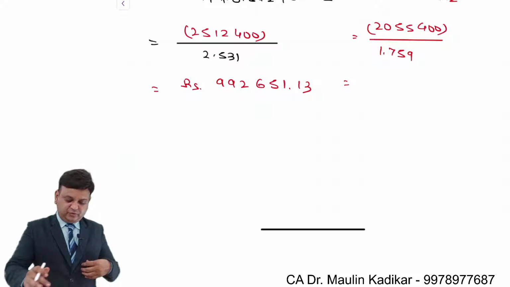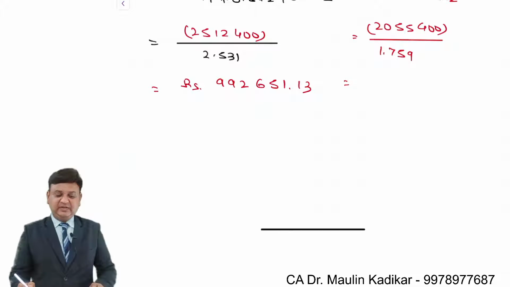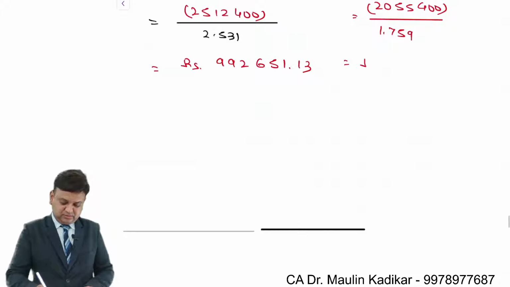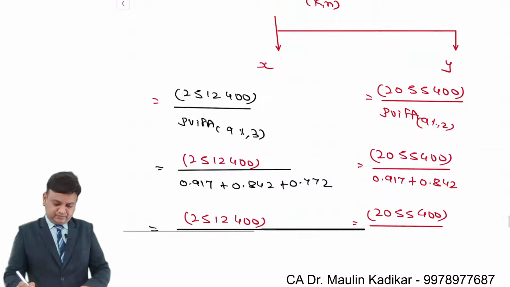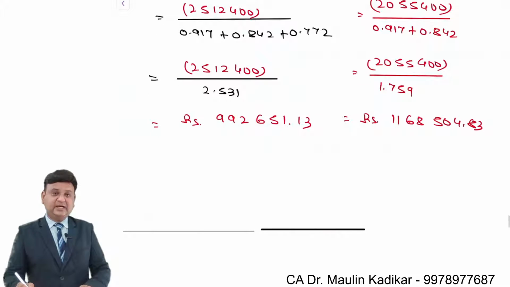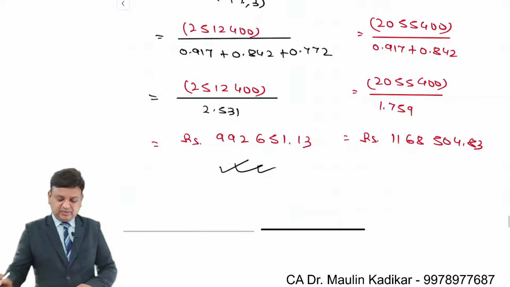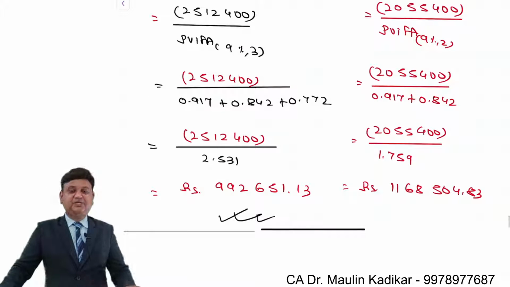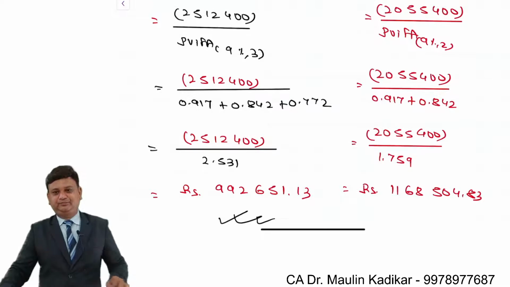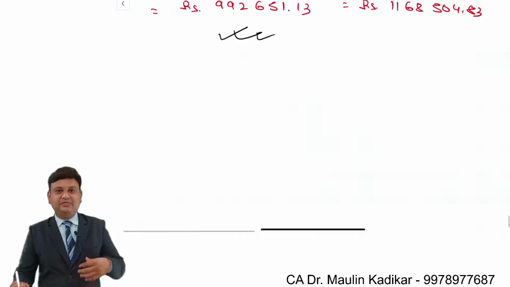So 20,55,400 upon 1.759 is 11,68,504.83. This is the way we are required to make the calculation. And we will select the machinery which has the lower equalized annual cash outflow, that is machinery X in this example. So friends, the company would be advised to buy machinery X.